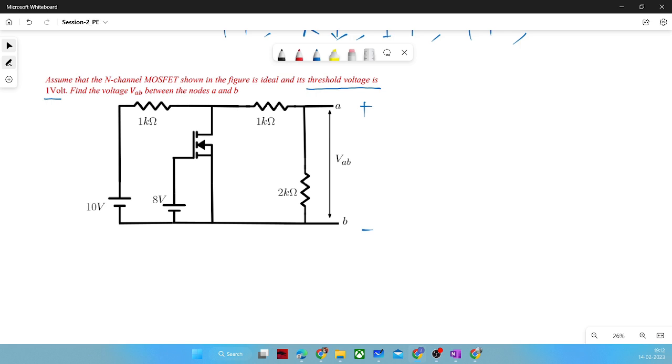Okay, so we need to find out the voltage between A and B, and when this switch is on, then we can model this MOSFET with what? Resistance. Yeah, of resistance.